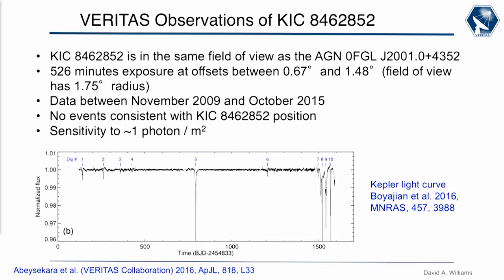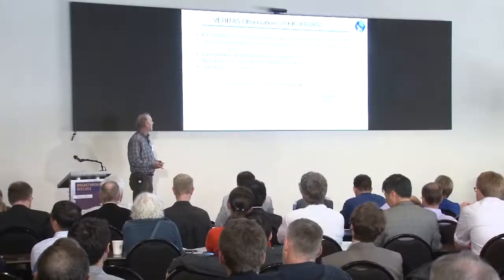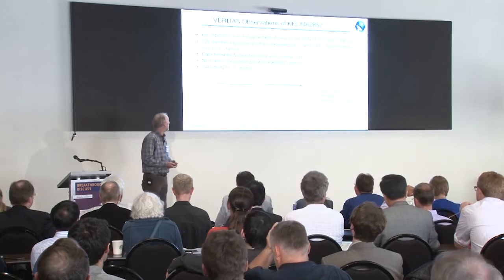One of the searches we've done with Veritas is the search for optical flashes from the Kepler star 846-2852, which turns out to be in the same field of view as a gamma ray AGN, which Veritas had taken data on over several years from a period between November of 2008 and October of 2015.